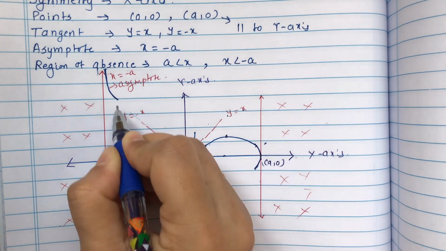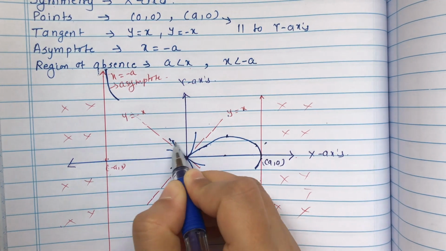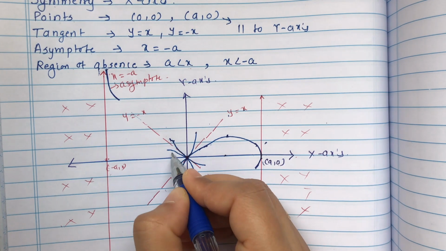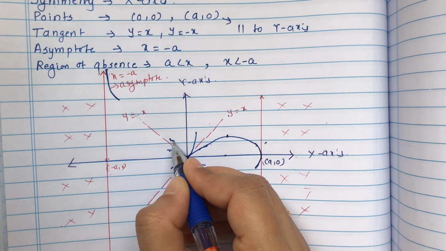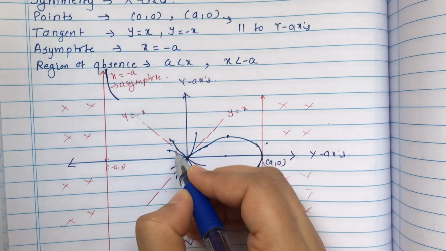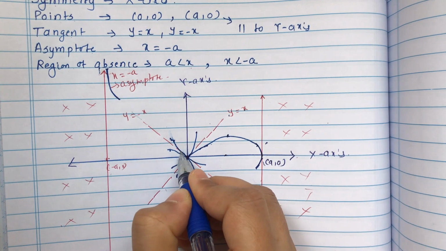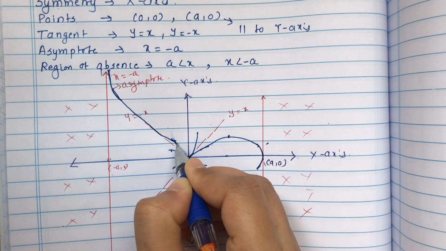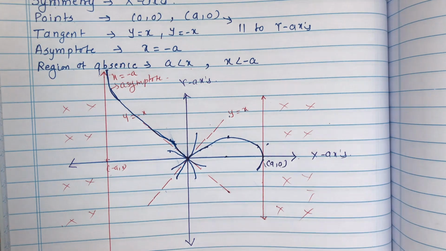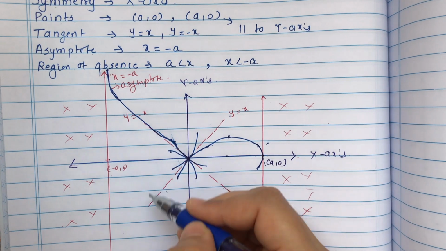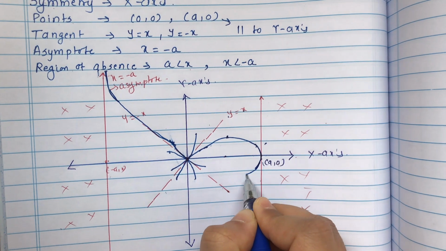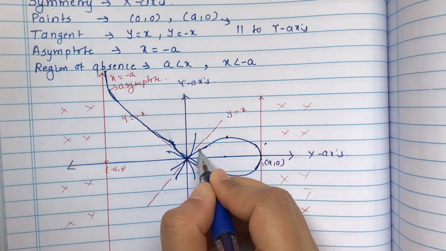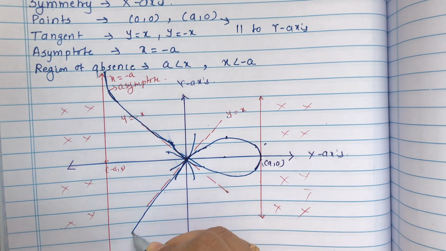Similarly, the same question will be here, whether we go with this branch or this branch. You can see this goes to infinity and this is increasing, so I will continue with this branch. And now using symmetry we have to complete it, so using symmetry we will continue like this.